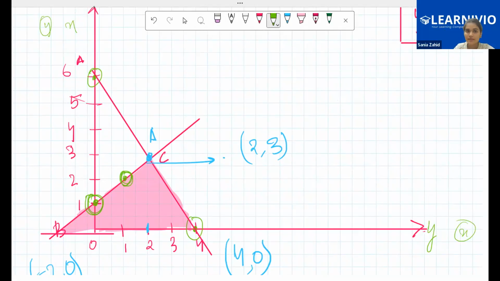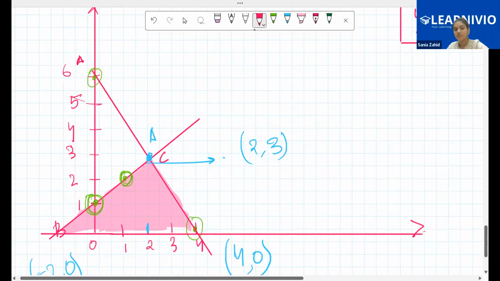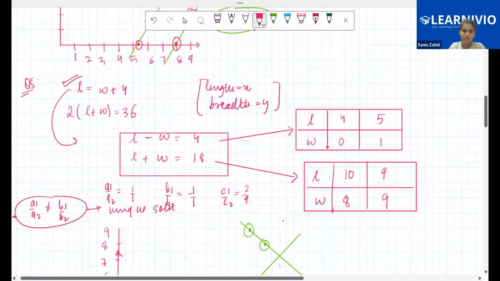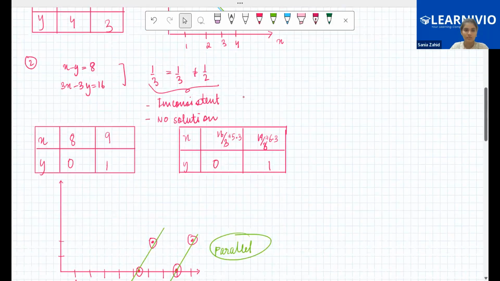Yes. Quickly correct your points so that we can go ahead.